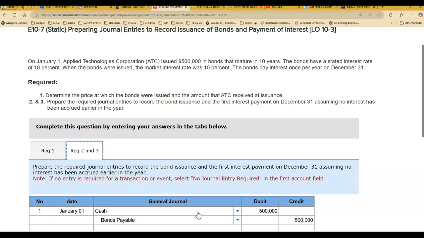Now, one of the things that I've kind of assumed up until this point. So then remember, here's one other thing to remember. When we are issuing bonds, the bond payable amount that is going on the books is always going to be the total amount of face value.